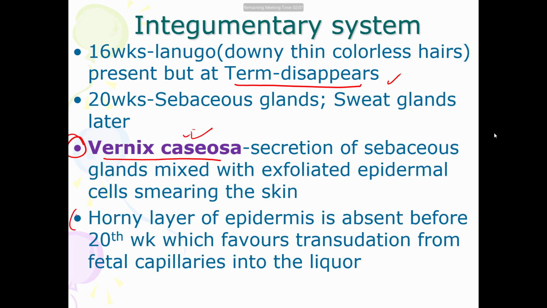This part is also important. The horny layer of the epidermis is absent before 20 weeks, which favors transudation from fetal capillaries into the liquor. After 20 weeks, the major contribution is from urine, because before 20 weeks some part of the amniotic fluid is contributed from the skin by transudation from the fetal capillaries.